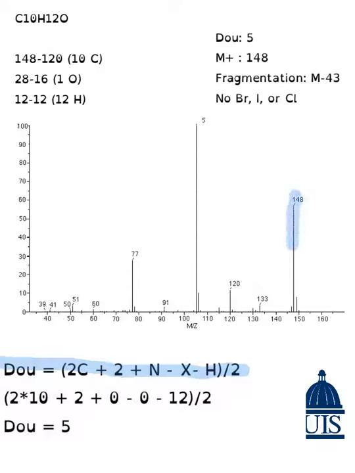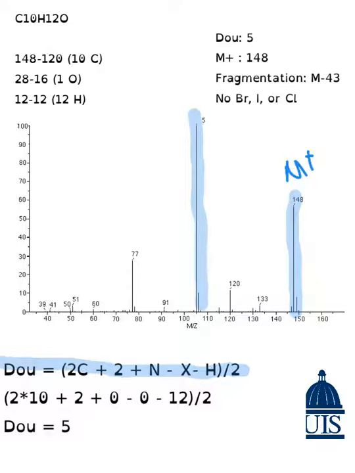We have 148 for our M+, and that means that that's the mass of our compound. So that's our M+ right there. And then we also see that our base peak, which is the strongest peak on the spectra, which also signifies the most common fragment, is 105.